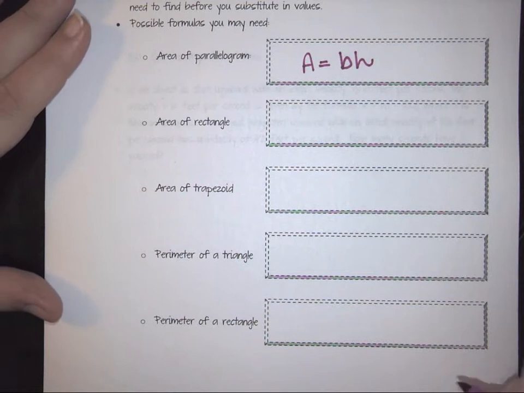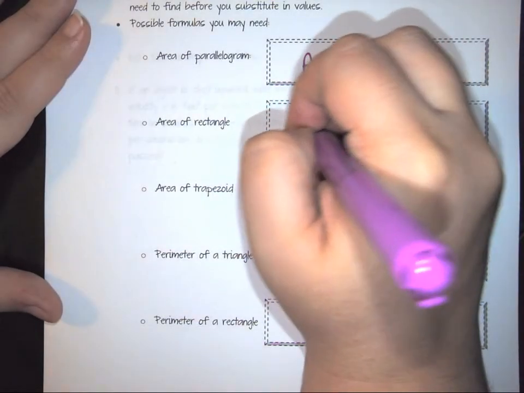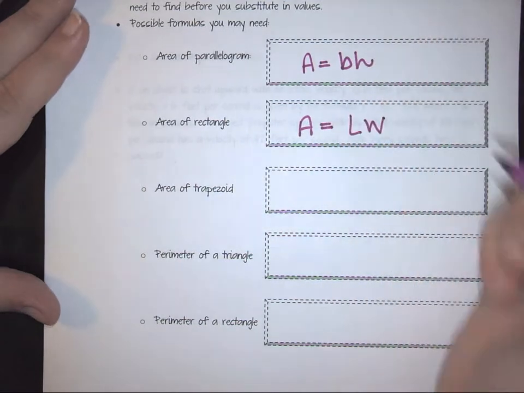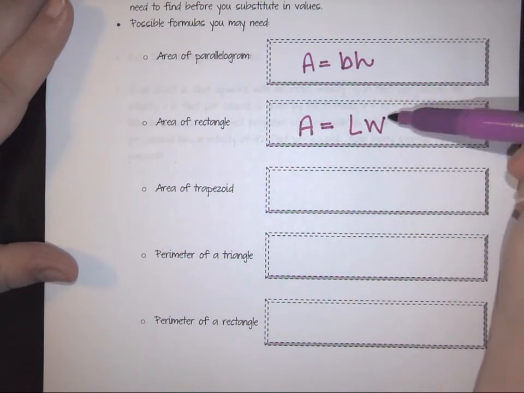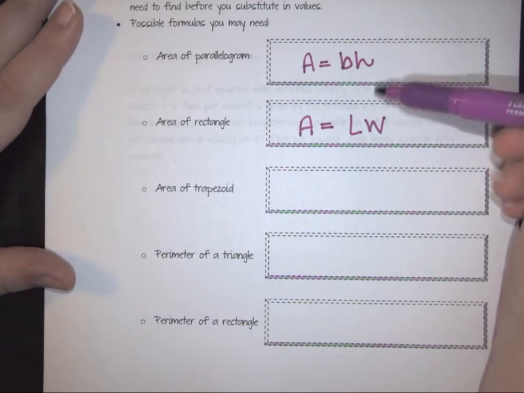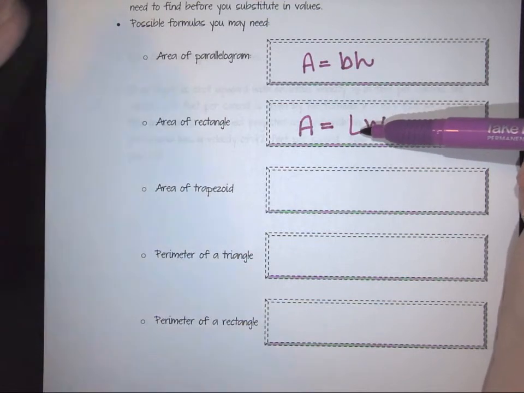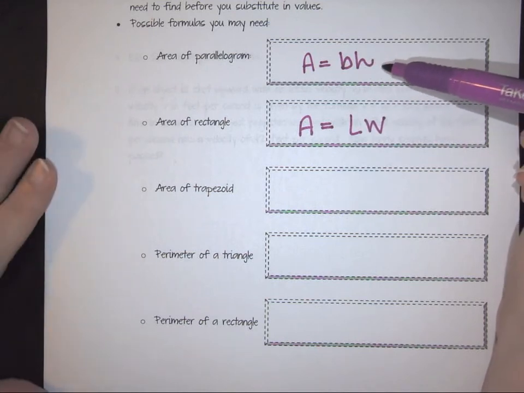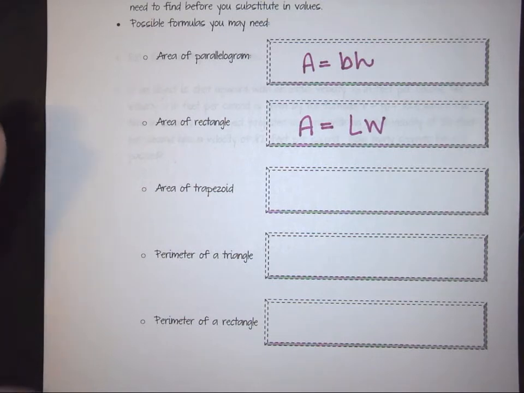For a rectangle, we are talking about length times width. These two formulas look almost identical, but there is one big difference. A rectangle has 90-degree sides, whereas a parallelogram is pushed, it's slanted. So base and height have a slightly different meaning.